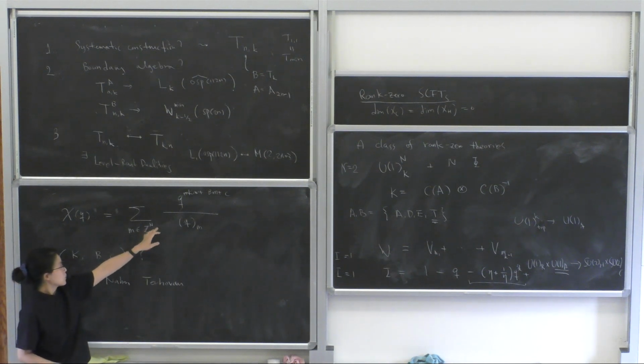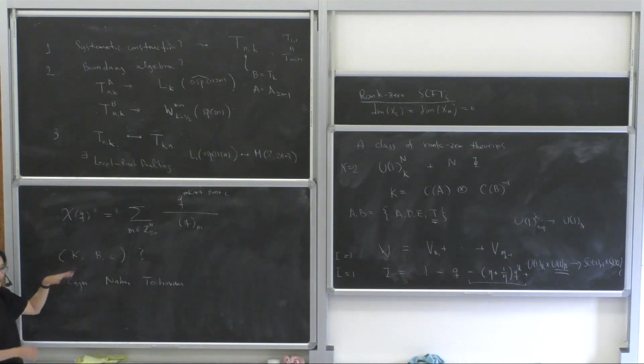For n equals 3, there are like 20-something K matrices that make this modular, with some infinite families that we can track. I will mention that soon.